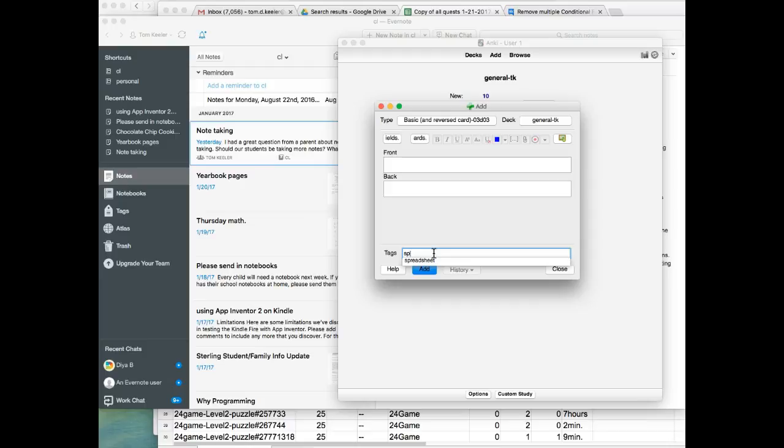we're going to be doing something with spreadsheet. So here's a note about spreadsheet. Okay. And on the front of our card, we say spreadsheet formula, and we'll put it in caps, COUNTA.